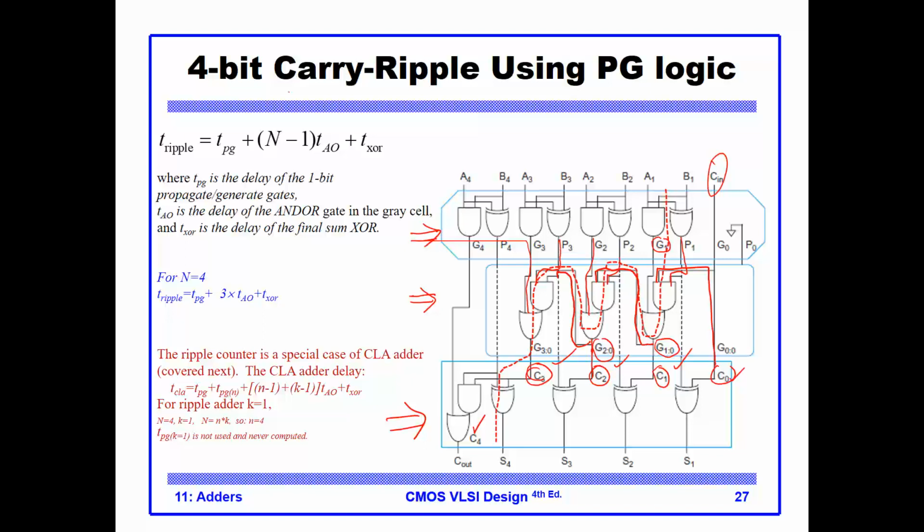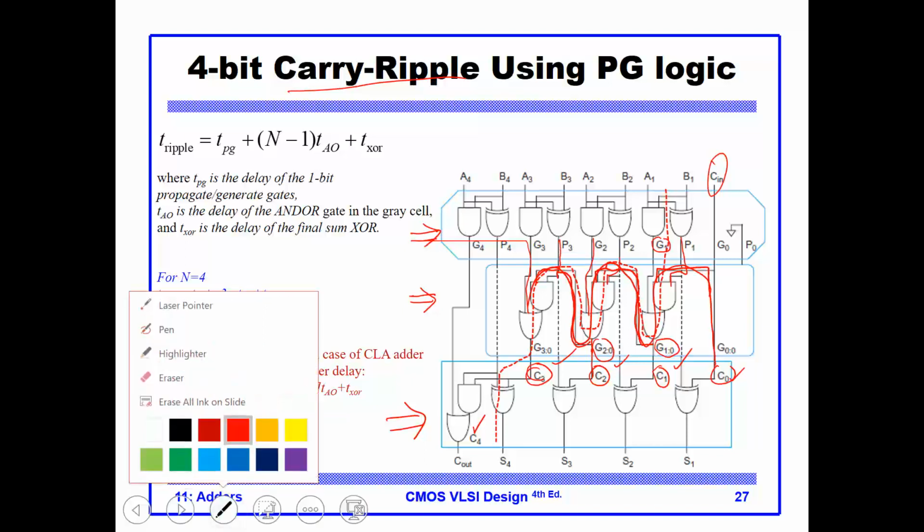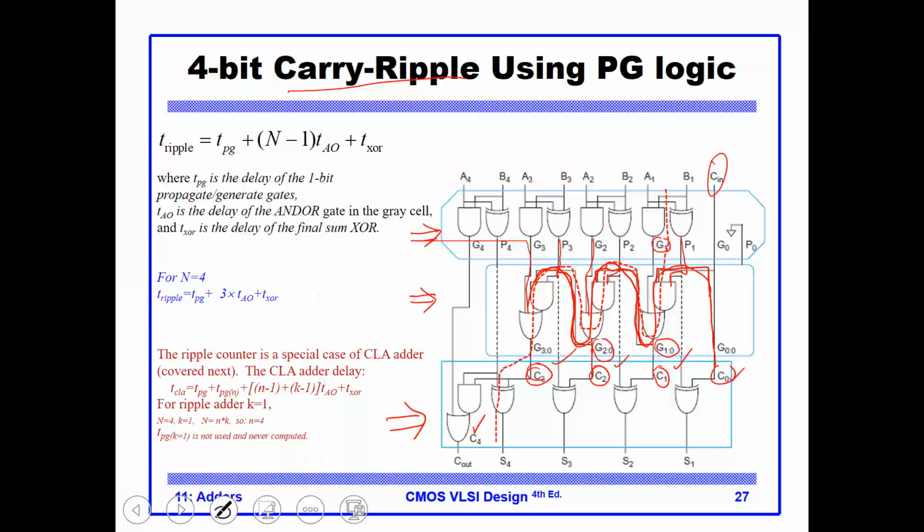We call this carry ripple, and the reason is that it goes like so, from C0 all the way here and all the way here and all the way here. That's why we call it carry ripple.